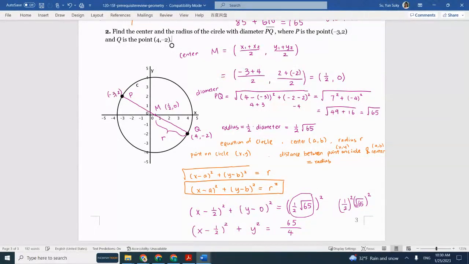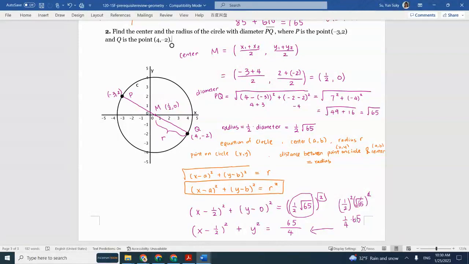Last time we said if you have multiplication or division, you can distribute the exponent, the power. But if you have a sum or subtraction, then we cannot distribute the power. So 1/2 squared is 1/4, and then the square root and square cancel. So we have 65. That's why I put 65/4. Okay, thank you. That makes sense now. You're welcome.